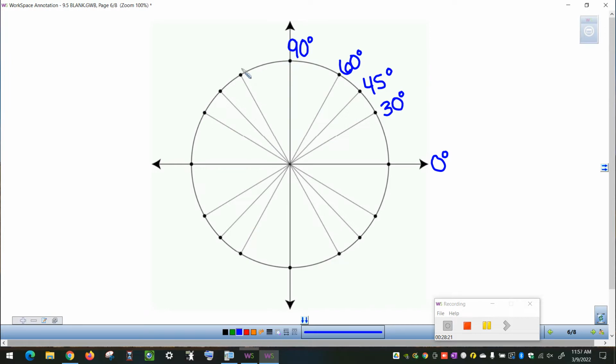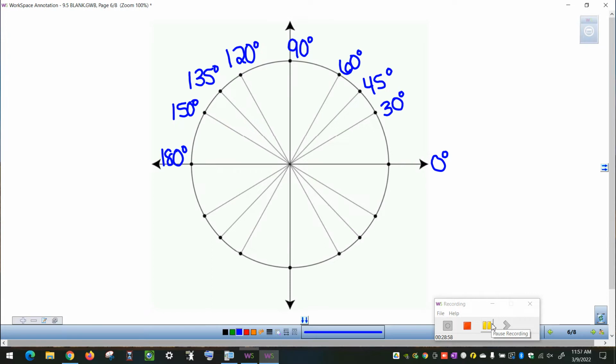So as we go around the circle, when I'm trying to label one of these from start to finish, I just think, the bigger jump that I make is always worth 30 degrees. And then if I'm making a smaller jump, that's going to be worth 15 degrees. So we're either adding 15 degrees or we're adding 30 degrees.